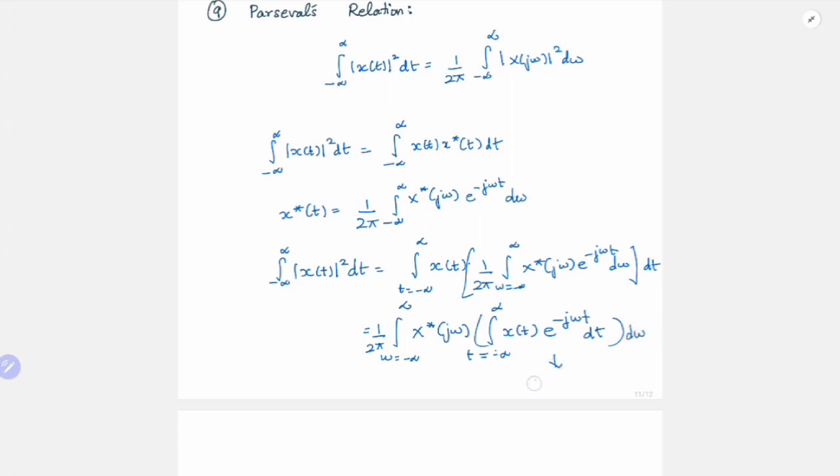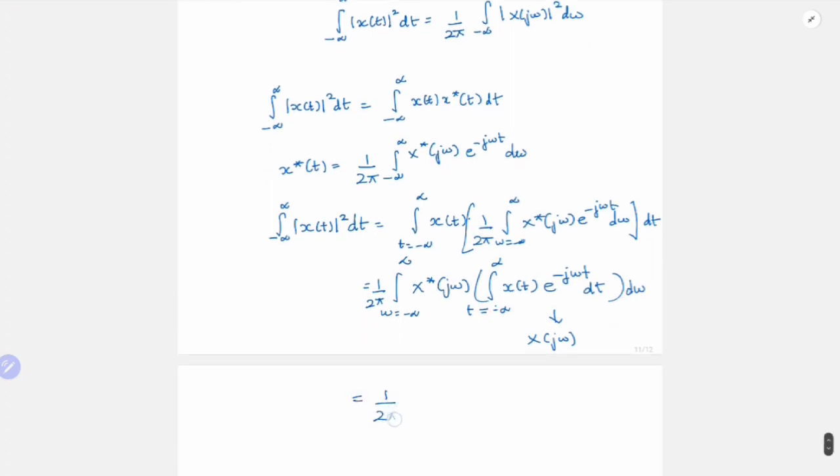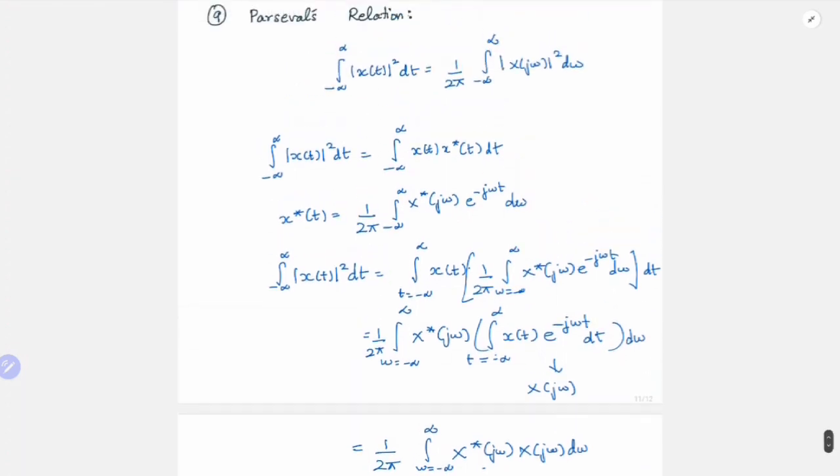But this is nothing but X of j omega, right? So this is nothing but 1 over 2 pi integral omega equal to minus infinity to infinity X star of j omega X of j omega d omega. So now this is nothing but the absolute of X of j omega square d omega. So this is the Parseval's relation we wanted. So this is the derivation.